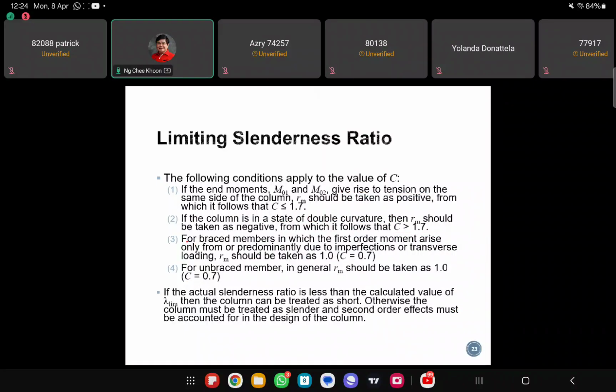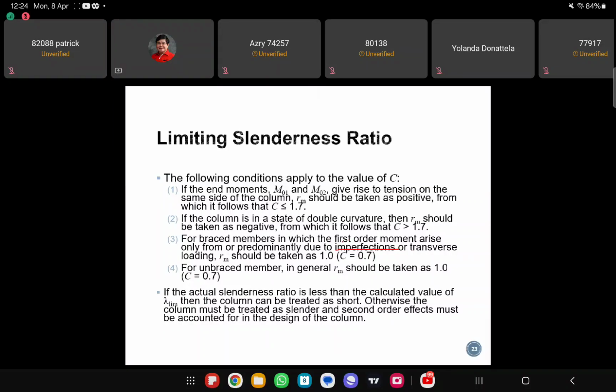And then the third description is saying that for brace members in which the first order moment arise only from or predominantly due to imperfections or transverse loading, we will learn about imperfections later, yeah? Okay.